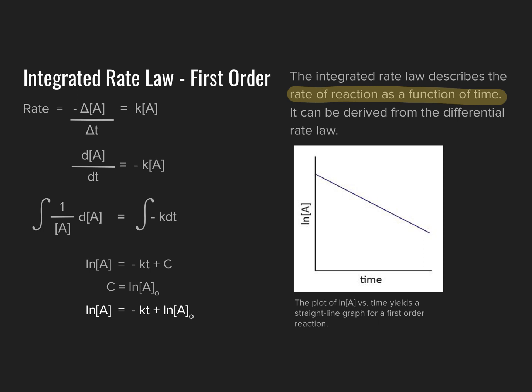So to begin with, let's go ahead and have a look at the rate law as defined by our differential rate law for a first-order reaction. That is to say, our rate of reaction is going to be equal to the change in concentration of some reactant species A with respect to time, and that rate of reaction is going to be equal to some constant k times A's concentration raised to the first power, since again this is a first-order reaction.